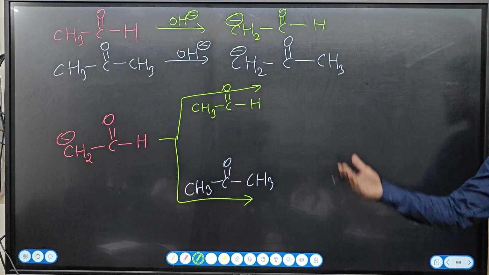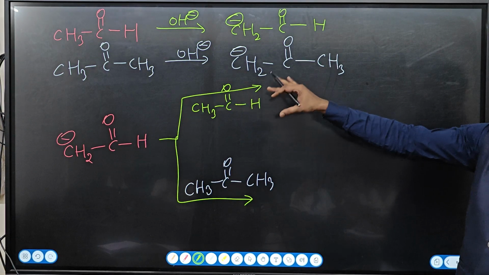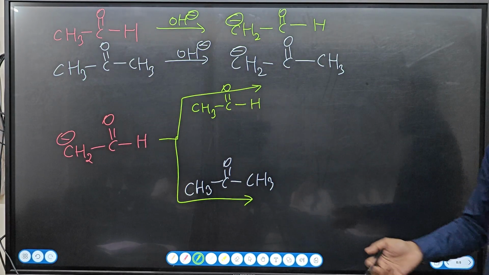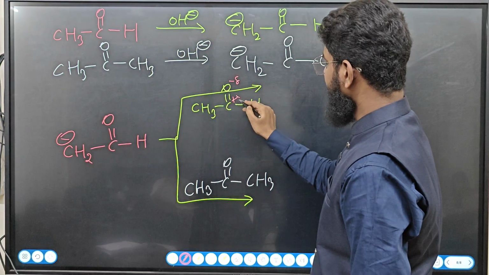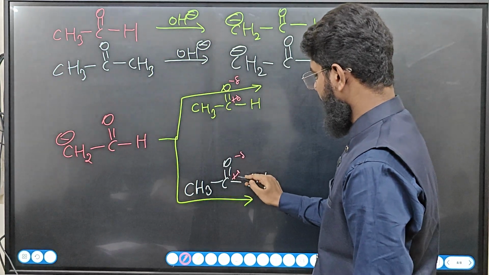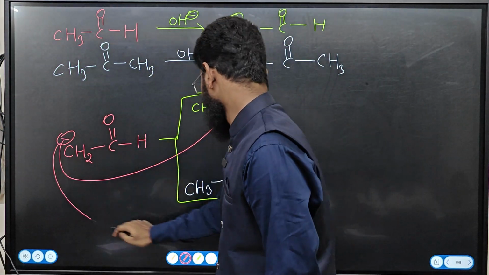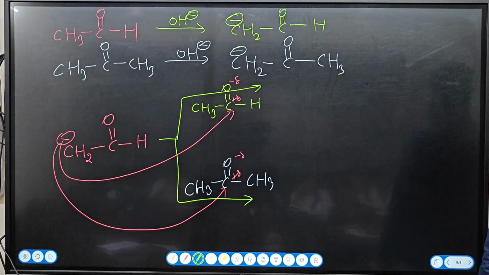Right? Then what will happen? What will be the product in the first case and the second case? Do it. You know, oxygen is more electronegative than carbon. So this negative will attack here as well as in the second case. Draw the final products.